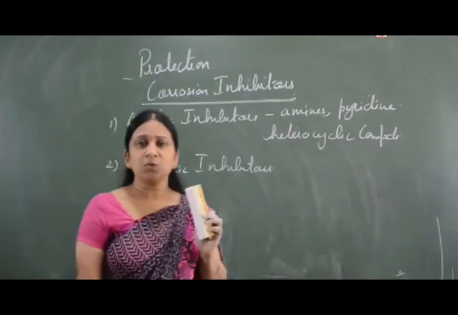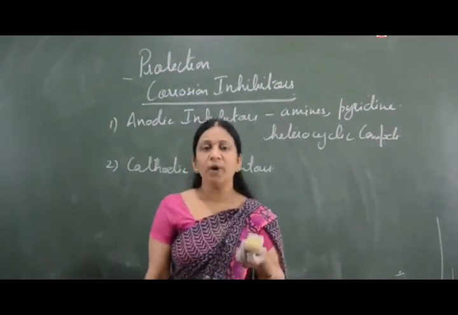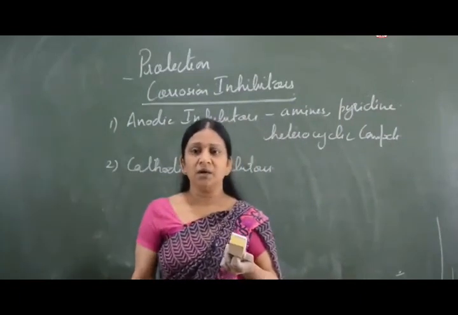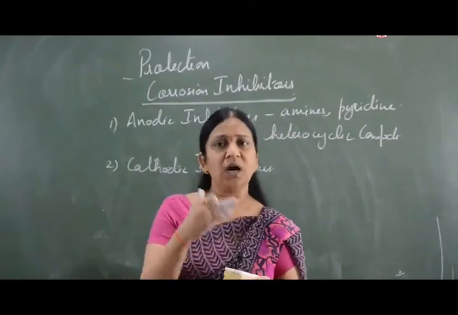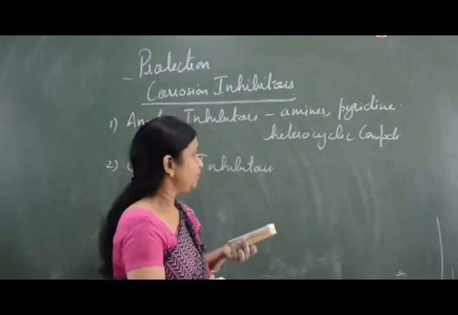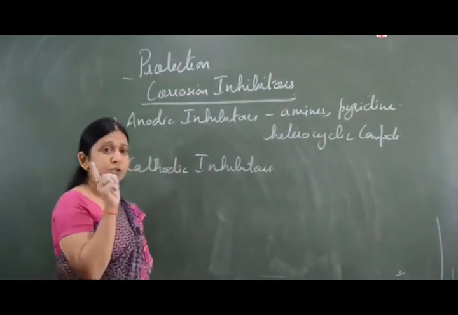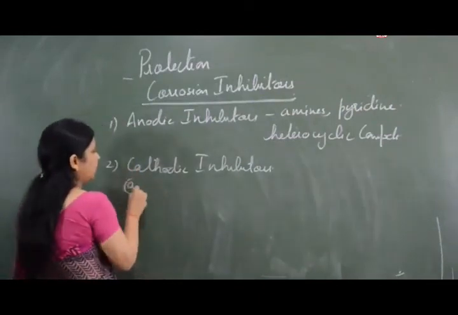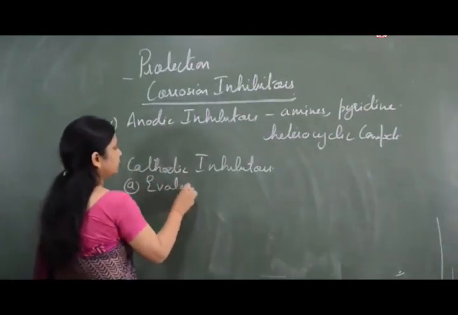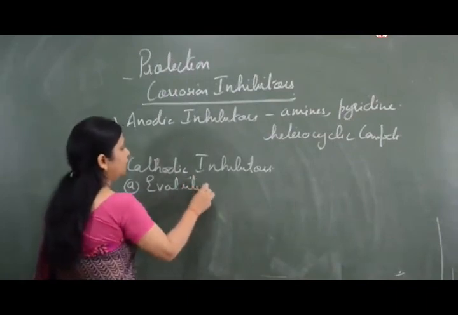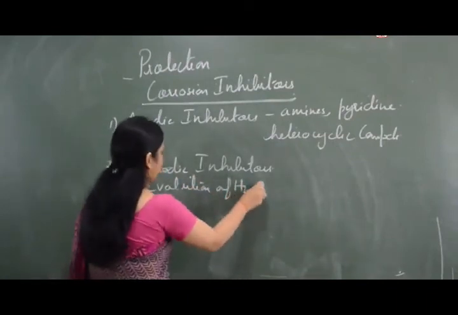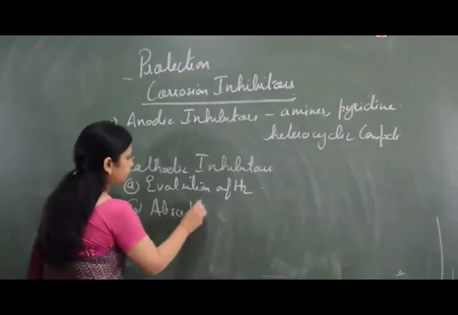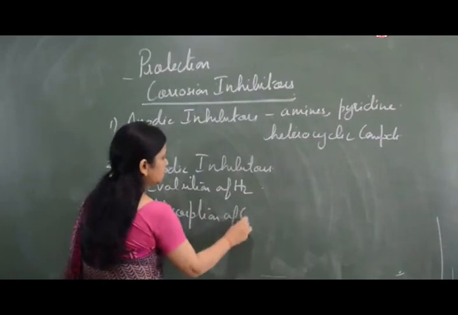Cathodic inhibitors, as we have just done in wet corrosion, we have two types of cathodic environment. One is presence of oxygen, the other is absence of oxygen, and in absence of oxygen there was evolution of hydrogen. So the first environment was evolution of hydrogen, and the second environment was absorption of oxygen.